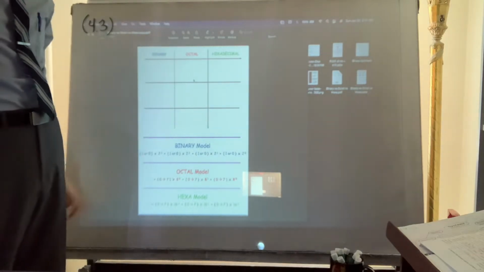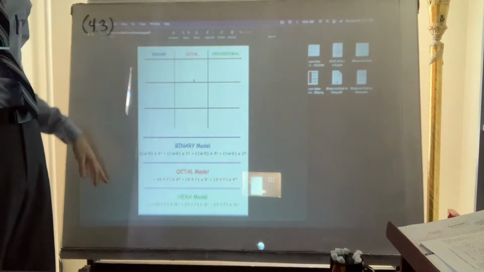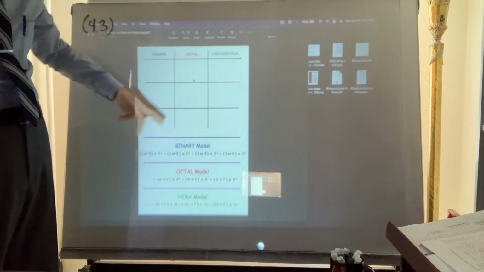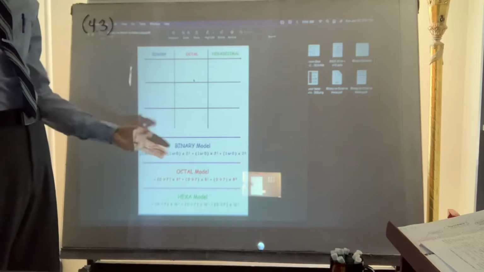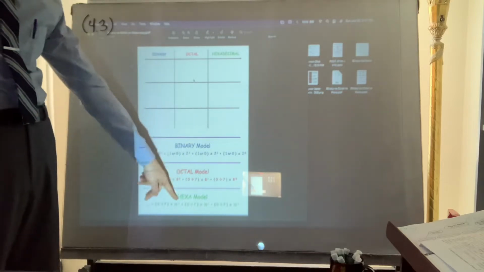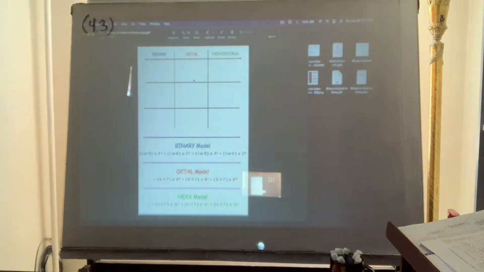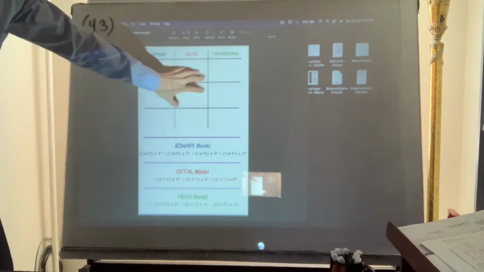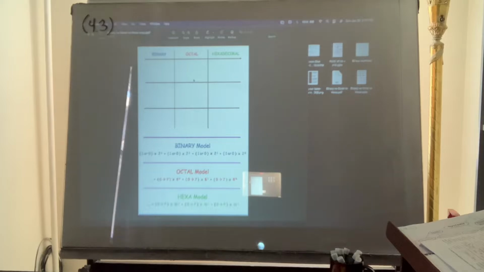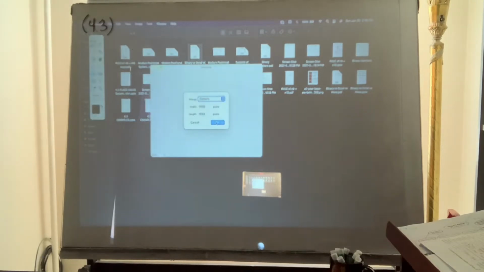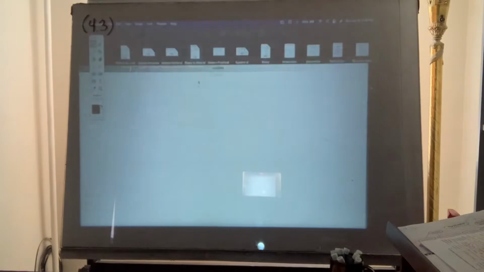I included this anyway, because you can still do that if you'd like, but what I want you to take away from this, if you don't print anything else, is the models that we would need for the binary system, octal and hexadecimal especially. Okay? Now, as far as the information that would be put here is concerned, let me give you that as the completed diagram, and then I'll discuss it. And I'm going to obscure part of it. So let me just do this first.